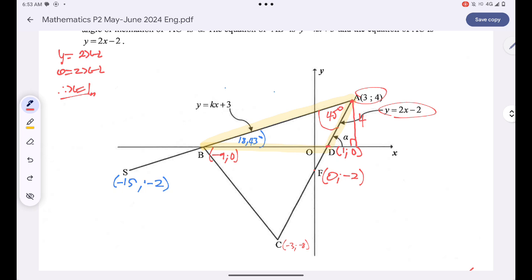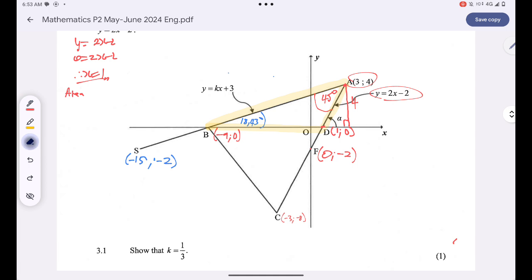So the area of triangle ABD is basically equal to 1/2 multiplied by the base, which is BD, multiplied by the height.